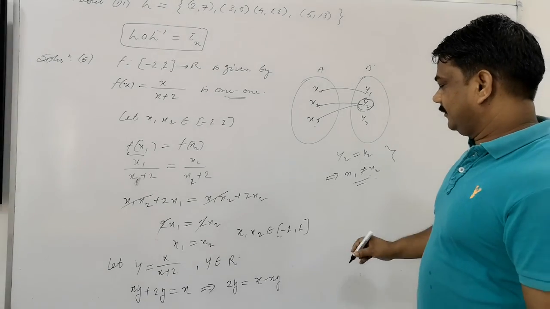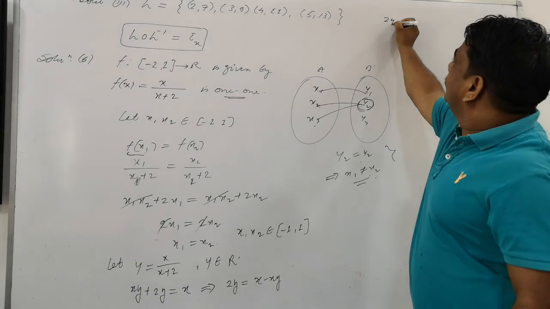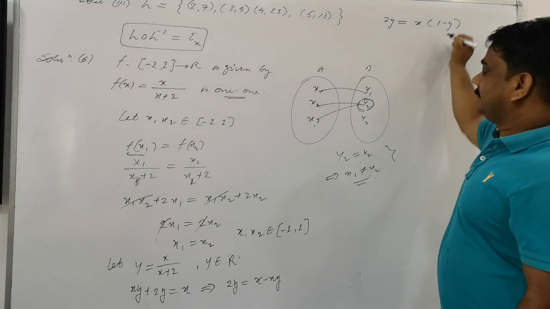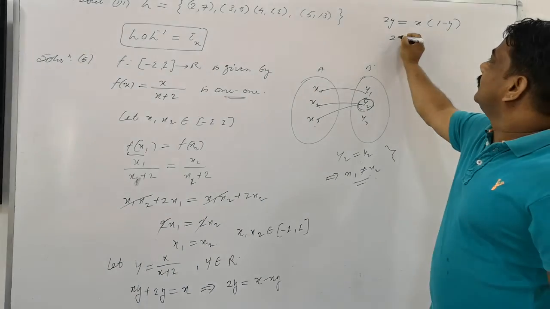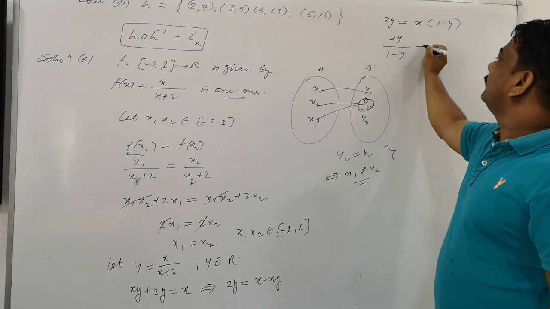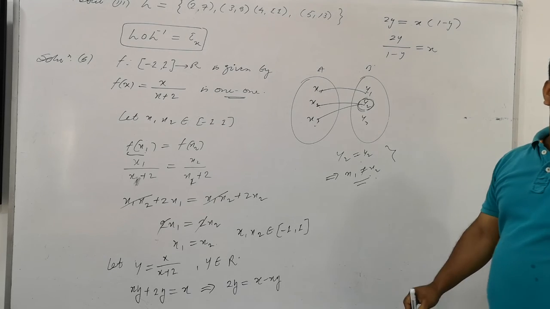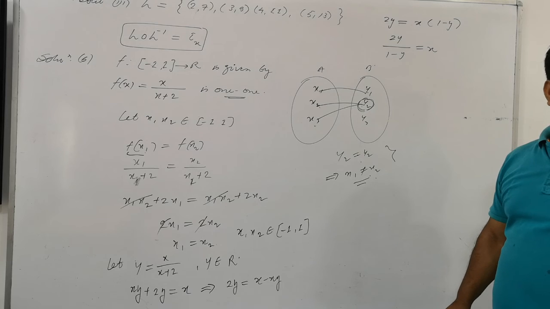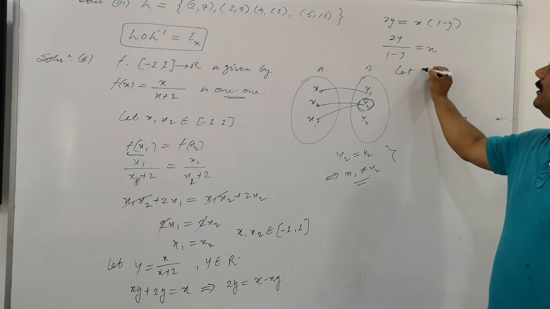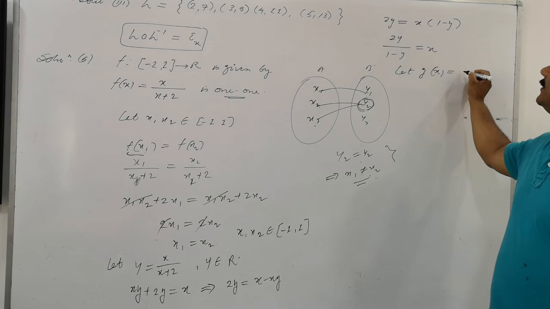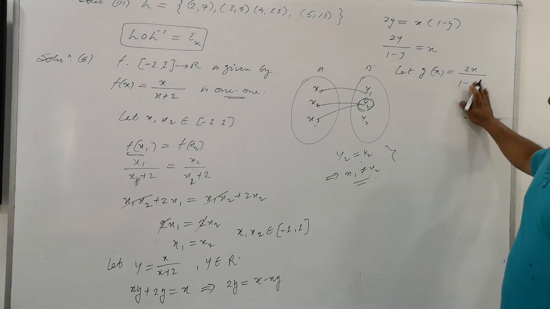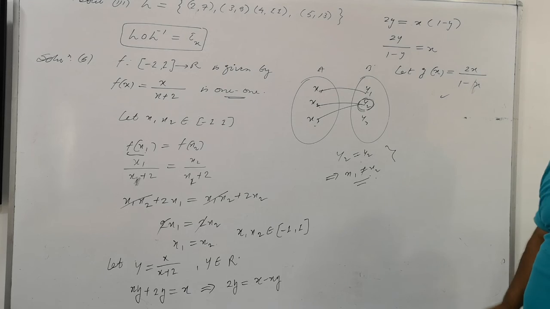And further this can be written as 2y is equal to x common, y minus y... and further 2y divided by 1 minus y is equal to x. Have a look please. This is a typical function coming here. Let this be g of x, it's 2x divided by 1 minus x. This is a typical function we made here.